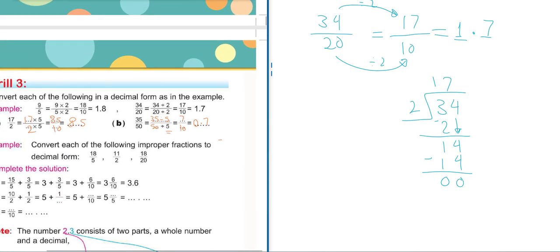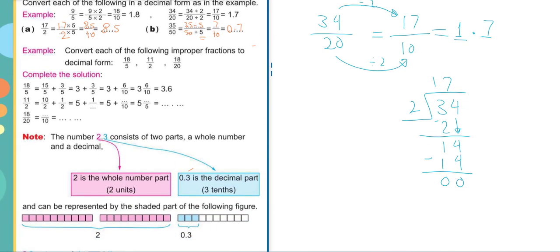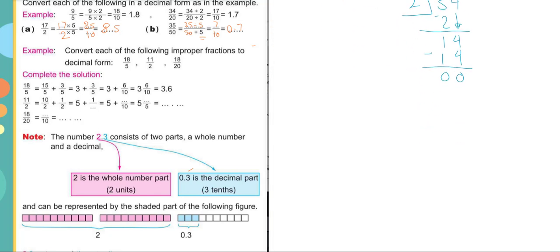Example: convert each of the following improper fractions to decimal form. In the first one, 18 over 5 equals 15 over 5 plus something. We decrease 18 because 18 isn't divisible by 5. 18 divided by 5 can't be, so decrease by 1: 17, 16 and 15.